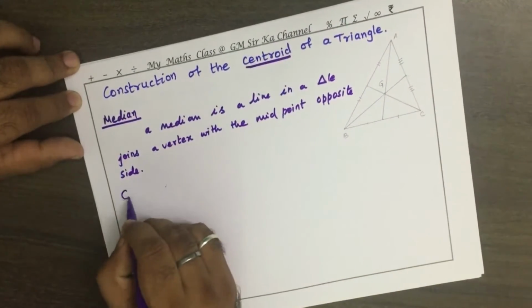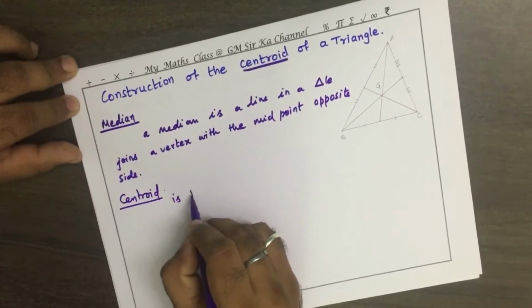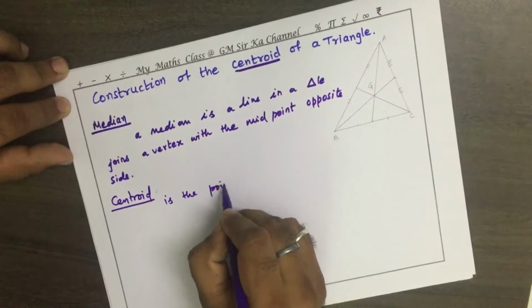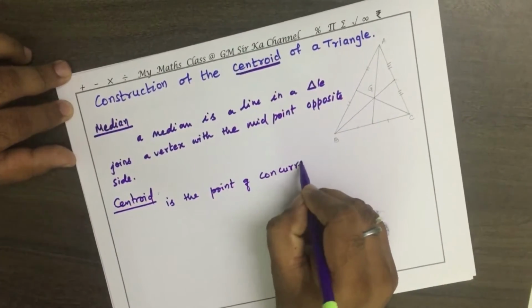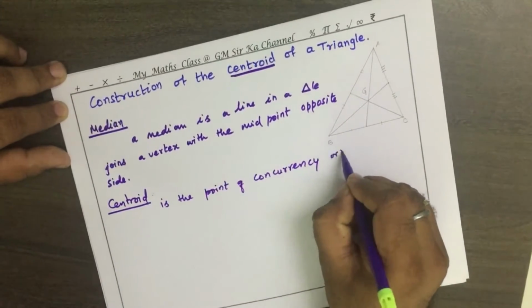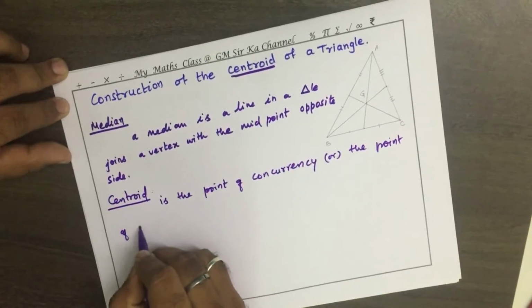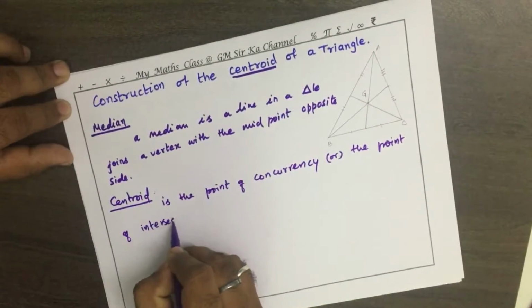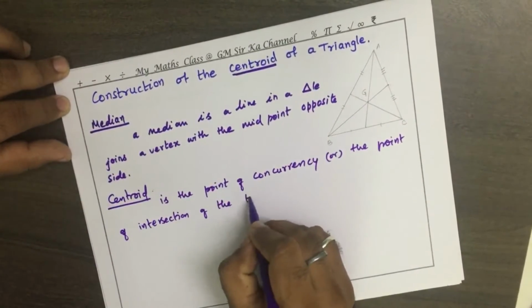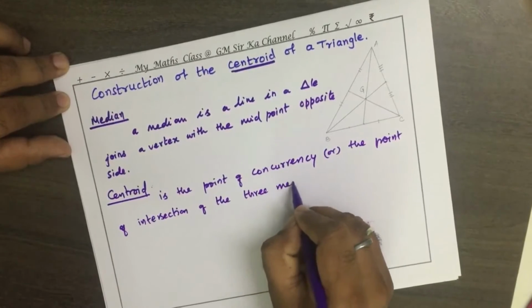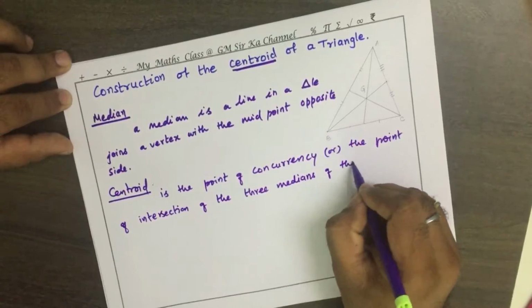So what is centroid? Centroid is the point of concurrency, or the point of intersection of the three medians of the triangle.